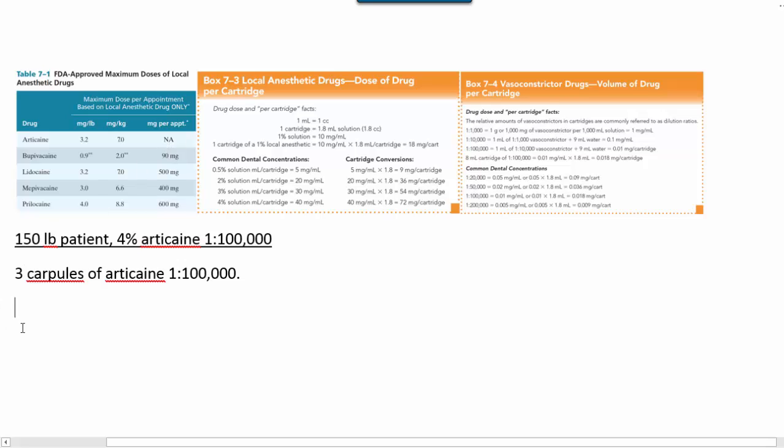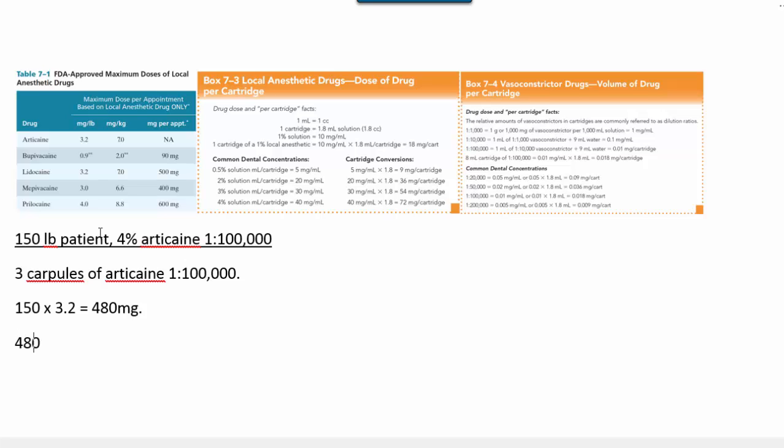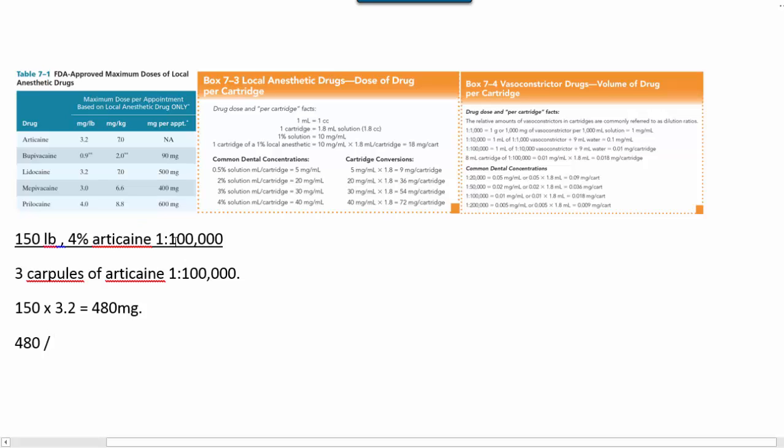Next, let's determine the patient's MRD. They weigh 150 pounds. The milligram per pound for articaine is 3.2. So times 3.2 is going to equal 480 milligrams. This patient cannot receive more than 480 milligrams of articaine. But how many carpules is that? So let's take our 480 milligrams, and we have articaine.